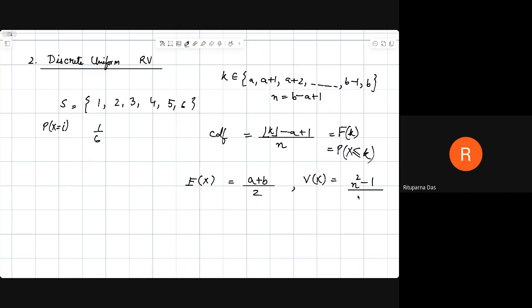Here n is b minus a plus 1, and expectation will come out as this, variance will come out as this. You can find the expectation and variance for this particular example and check if it is matching or not.